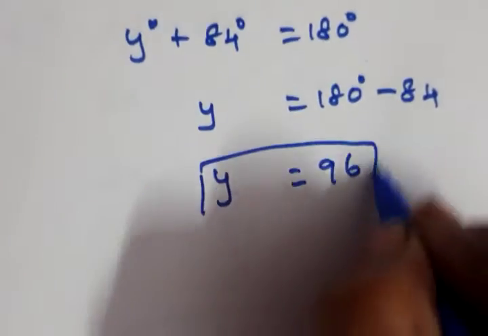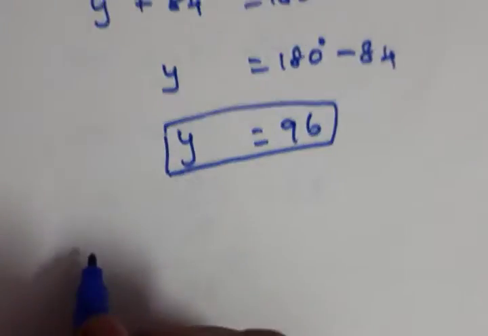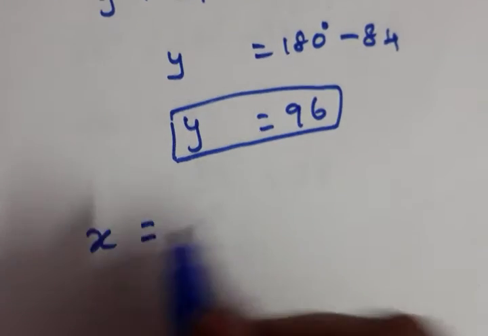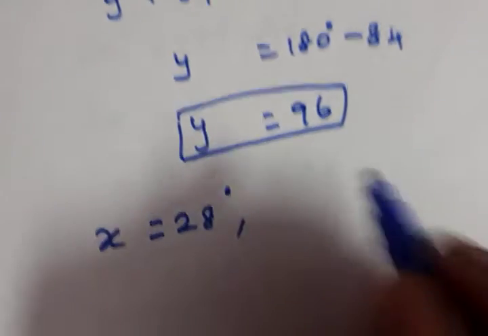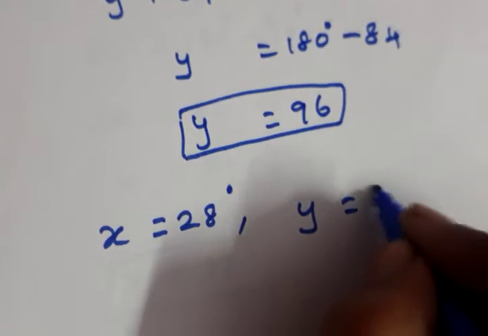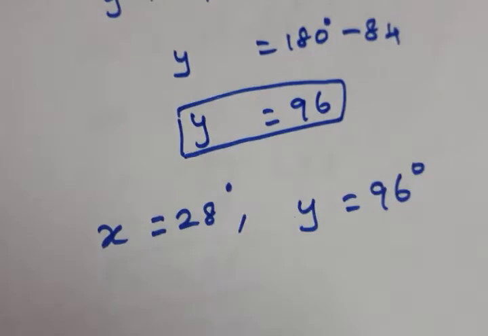So the x value is 28 degrees and the y value is 96 degrees. Do you understand?